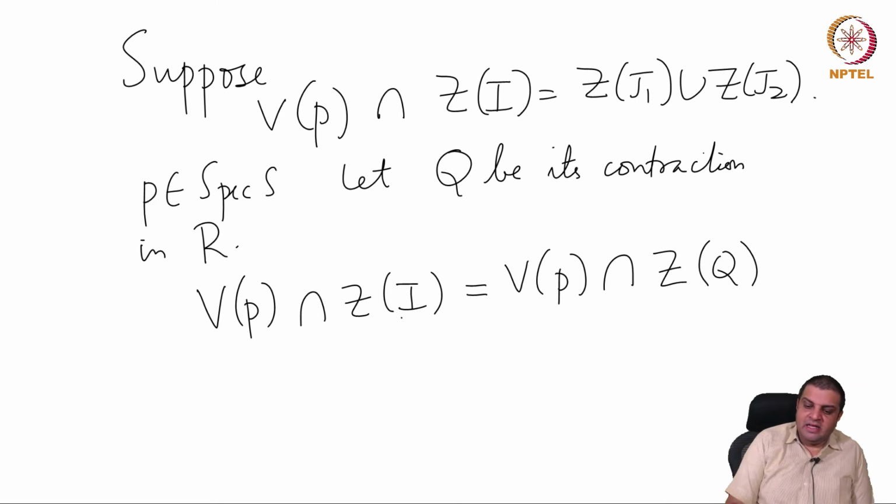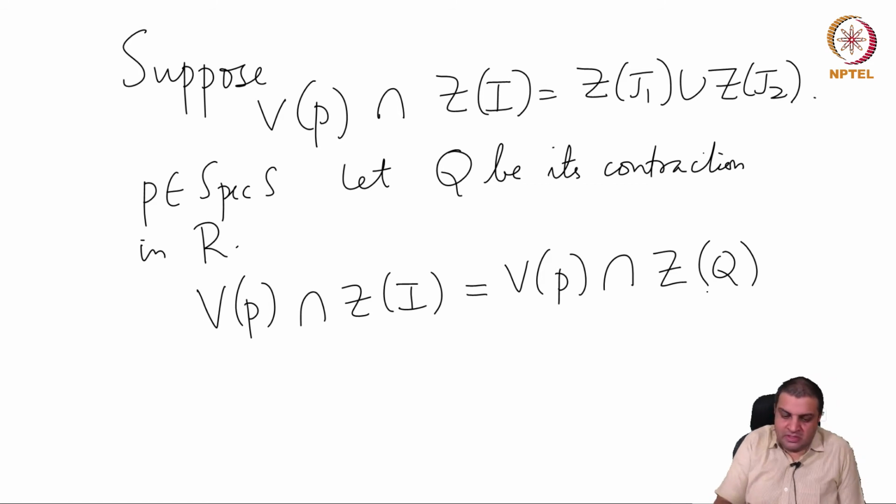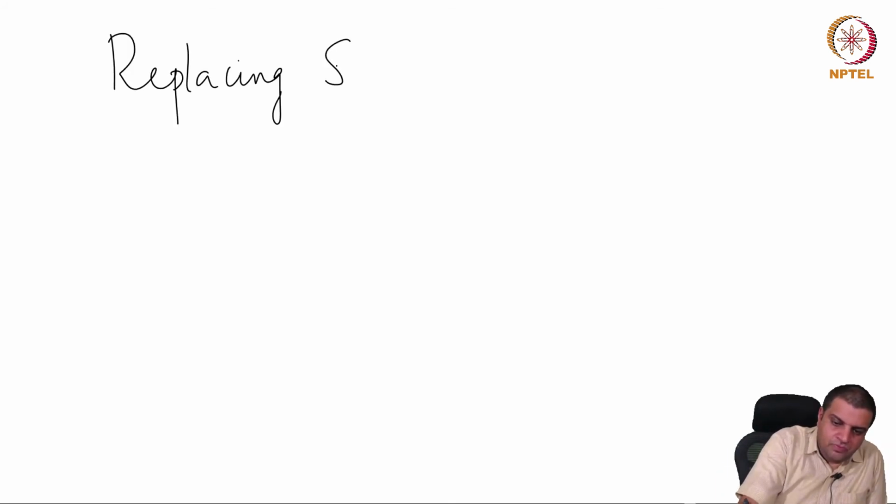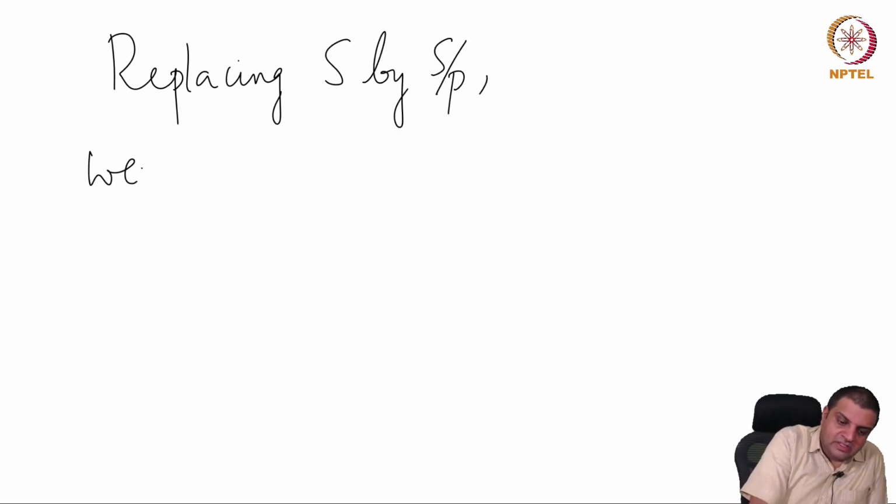Any maximal ideal containing I, and here, because of this condition, containing P will just contain Q. Okay. So this will be the statement. Why did we reduce it like this? Replacing S by S mod P, we can assume that S is a domain.